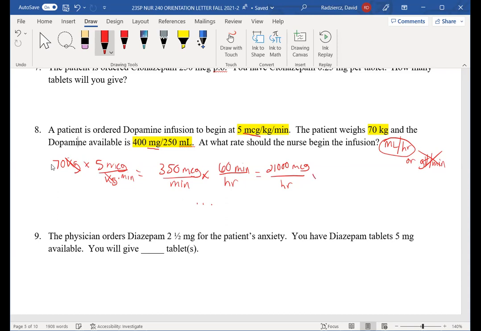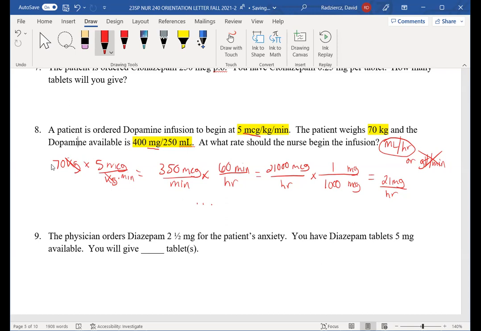But if you don't, just as a review, if I'm going to convert micrograms to milligrams, 1 milligram is 1,000 micrograms, which will give me 21 milligrams per hour. So at that point, then yes, you can do ordered over have, but you have to do all these workup steps before you can get to it.